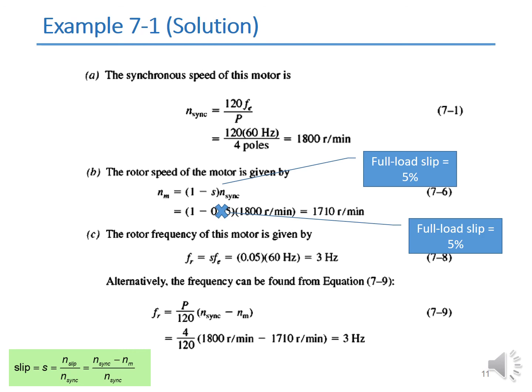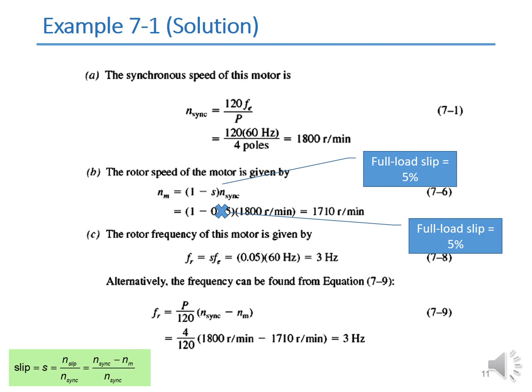For the first part A, the synchronous speed, we just use the equation n_sync equals 120 f_e over P. For part B, the rotor speed, we use again one of the equations we discussed before, that n_m is equal to (1 minus s) times n_sync. There is a slight mistake in the textbook, especially in one of the older versions.